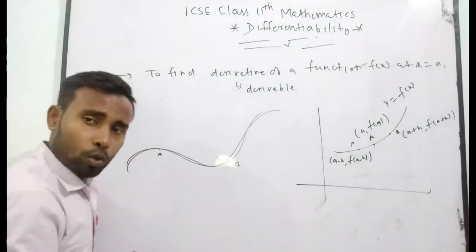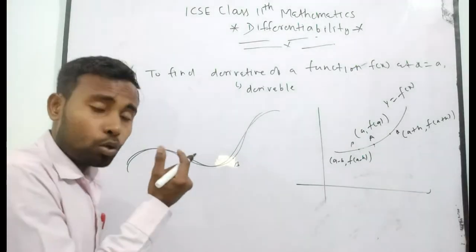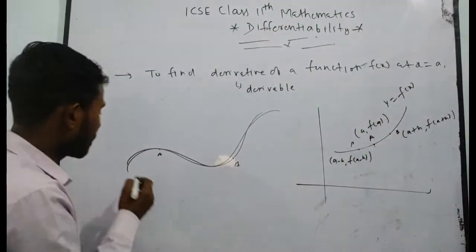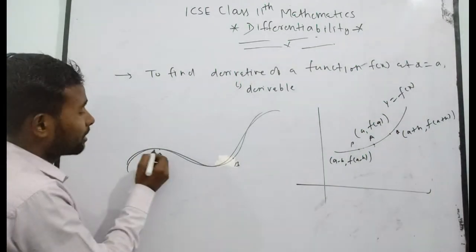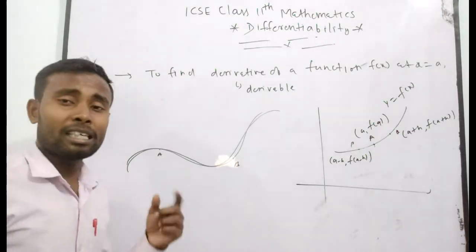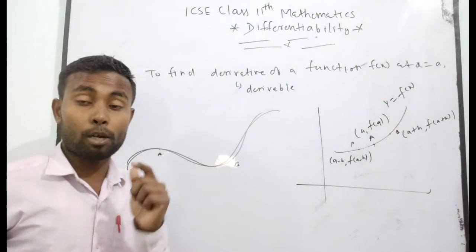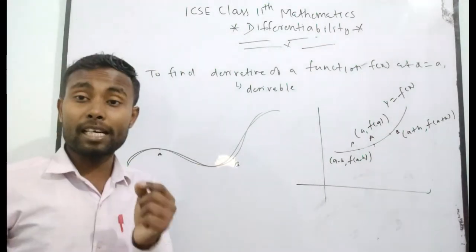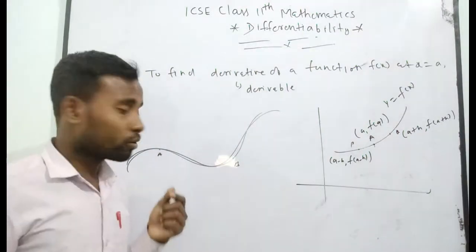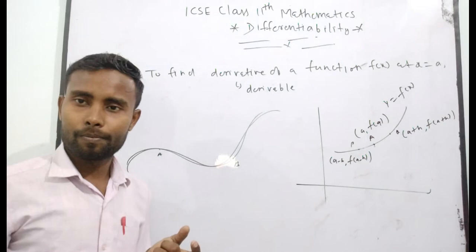No, because I have asked you at a particular time. Suppose an object has already travelled 5 minutes, and I ask you to find the velocity of the object at 5 minutes 1 second. Can you find it? No, you cannot determine it by simple algebra.